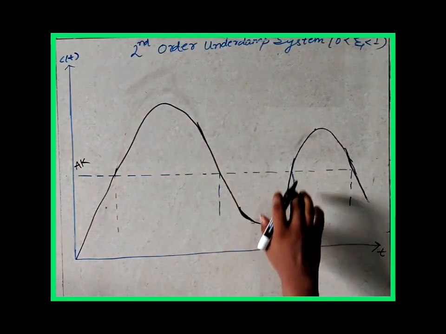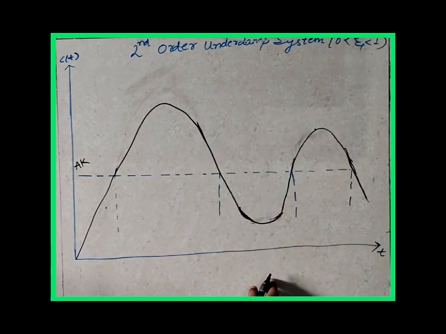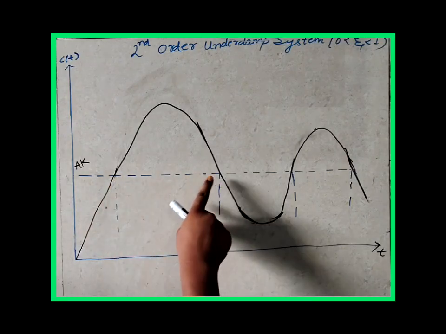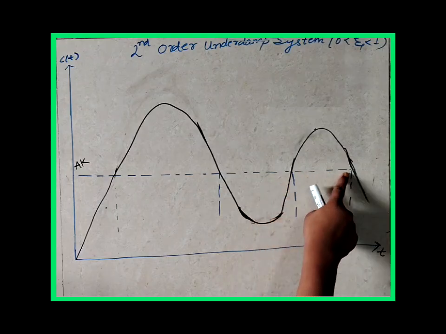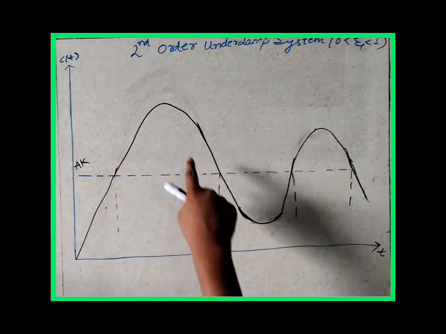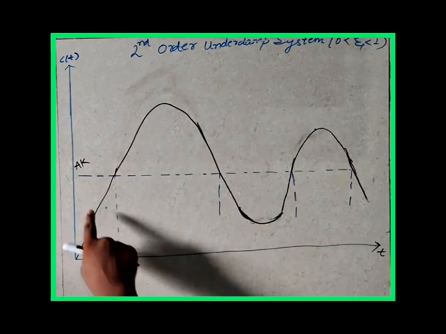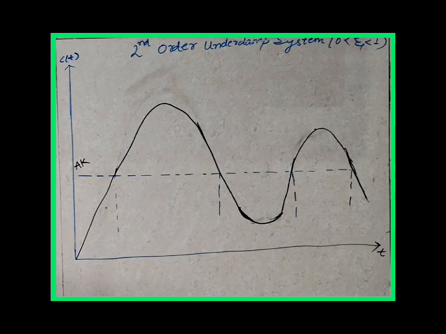So from the graph we can see that there are four instances, 1, 2, 3, 4, where the value of c(t) is equal to AK. This video is a short revision, so we will only use formulas.